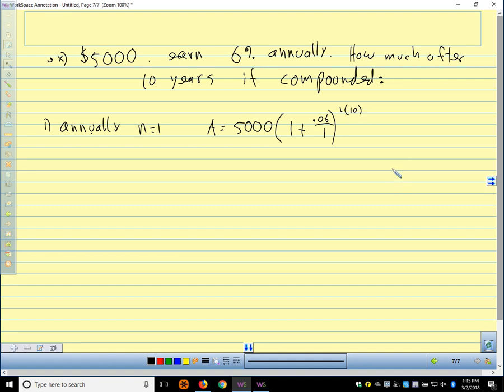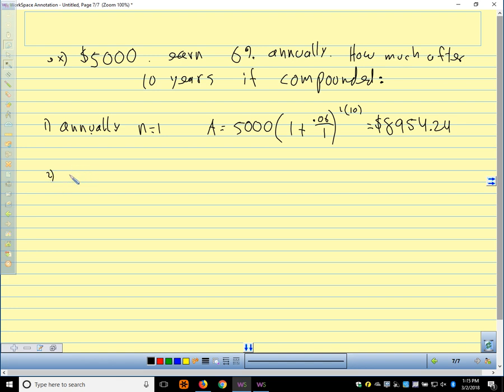And you can plug it into your calculator like this. In general I'd put some parentheses around that division. When you calculate that out, you get 8954.24. So you have almost $9,000 after 10 years.